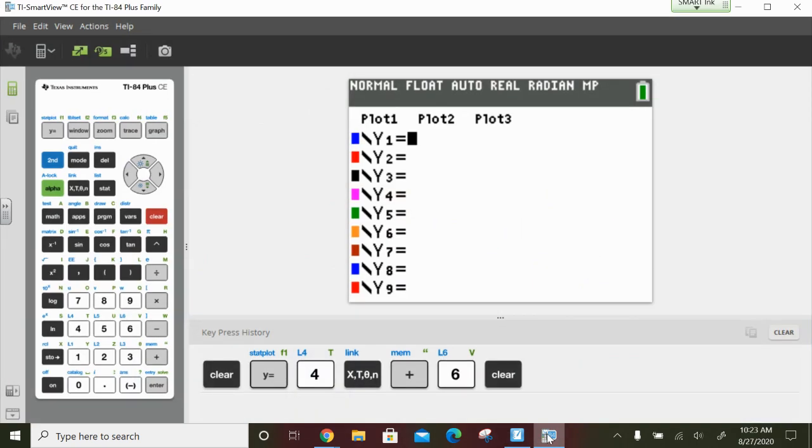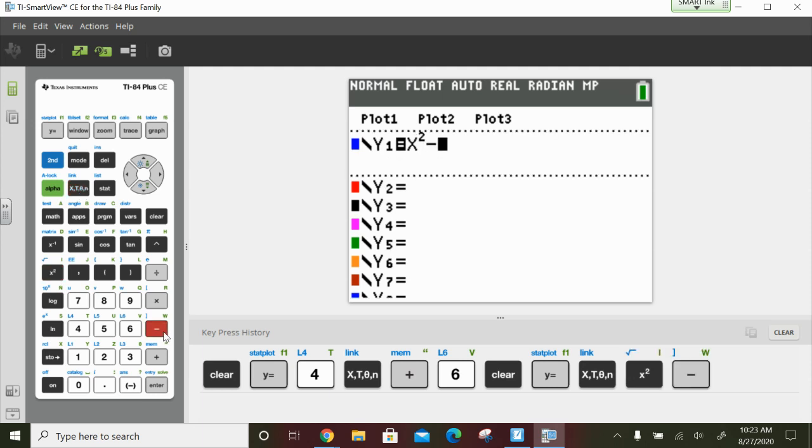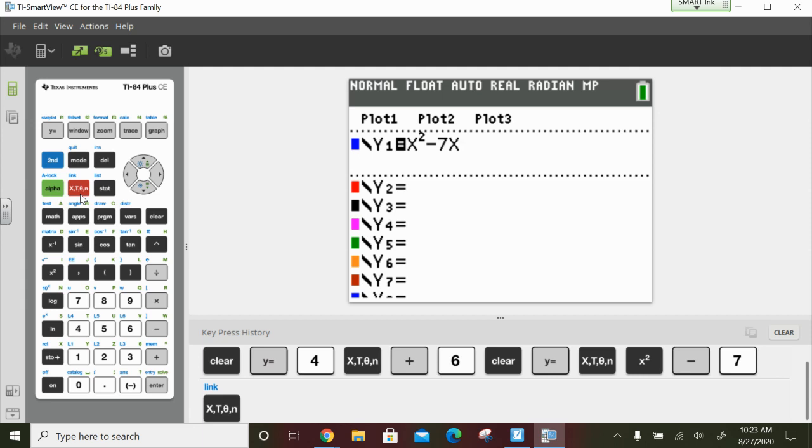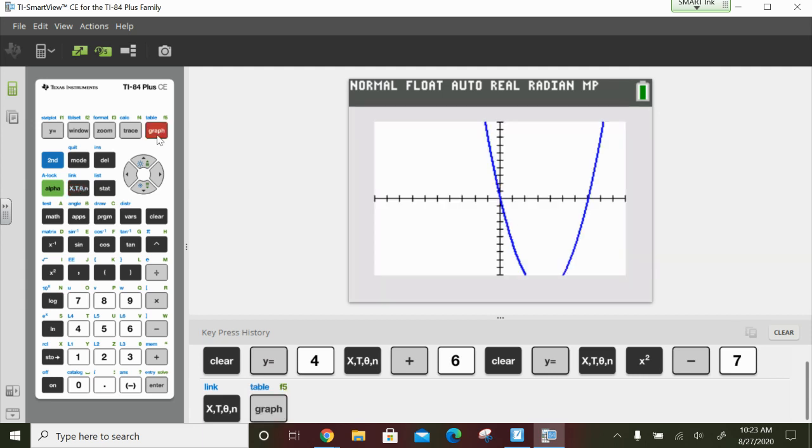On your graphing calculator, go to y equals and type in x squared minus 7x. If you hit graph, you will see that you cross the x-axis here and here, at values of 0 and 7. So when you are solving these equations, that's all it's finding: where does it cross the x-axis?